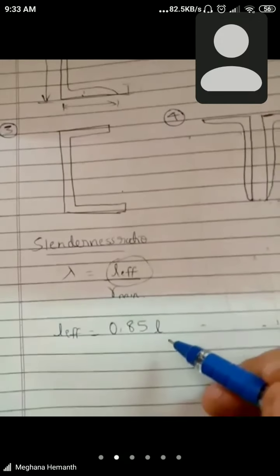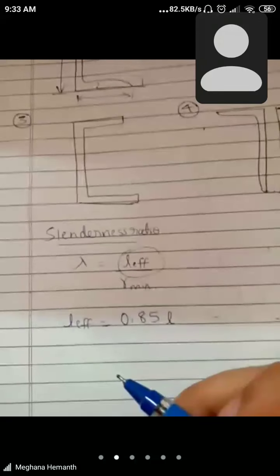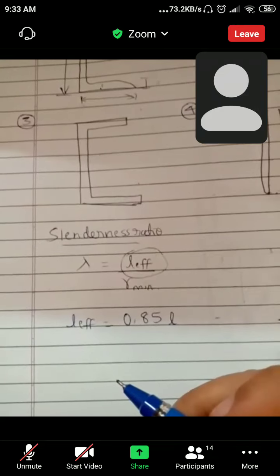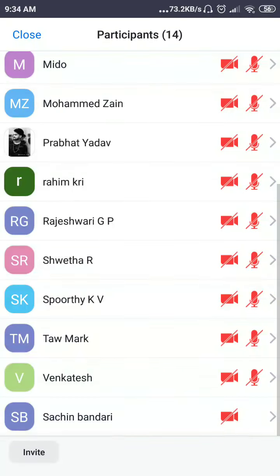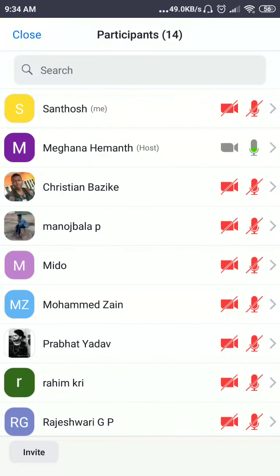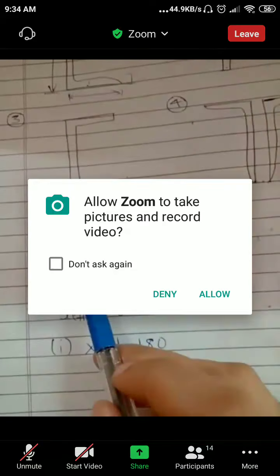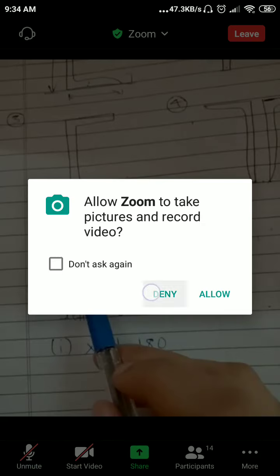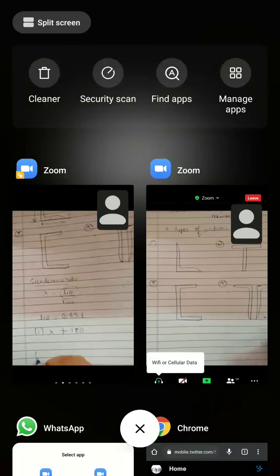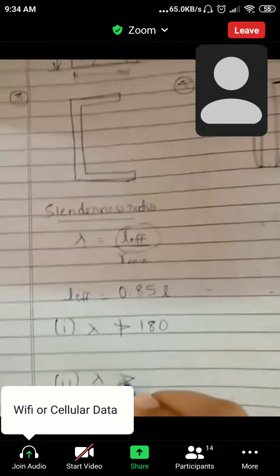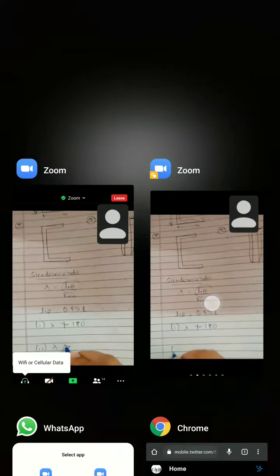Then suppose they ask you to find the reversal of stresses. There are two conditions which you have to know. One condition is that lambda should not be greater than 180. Whatever value of slenderness ratio you get, it should not be greater than 180. The second condition is that slenderness ratio lambda should not be greater than 350.